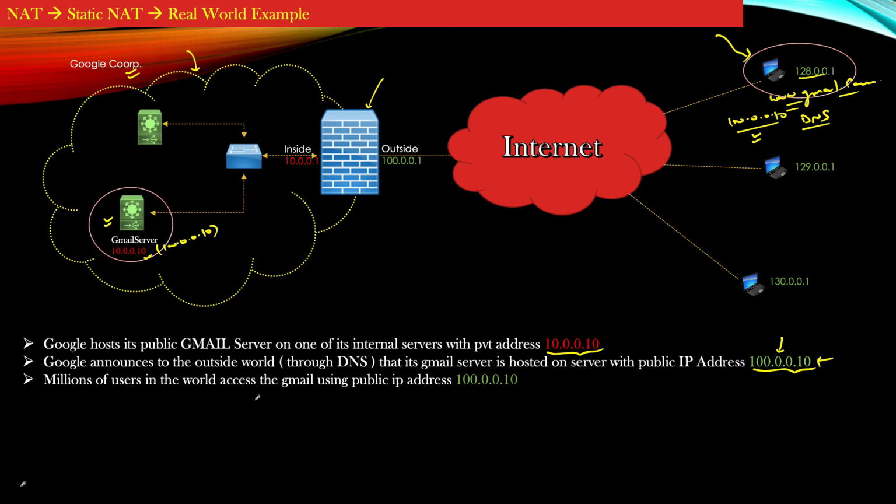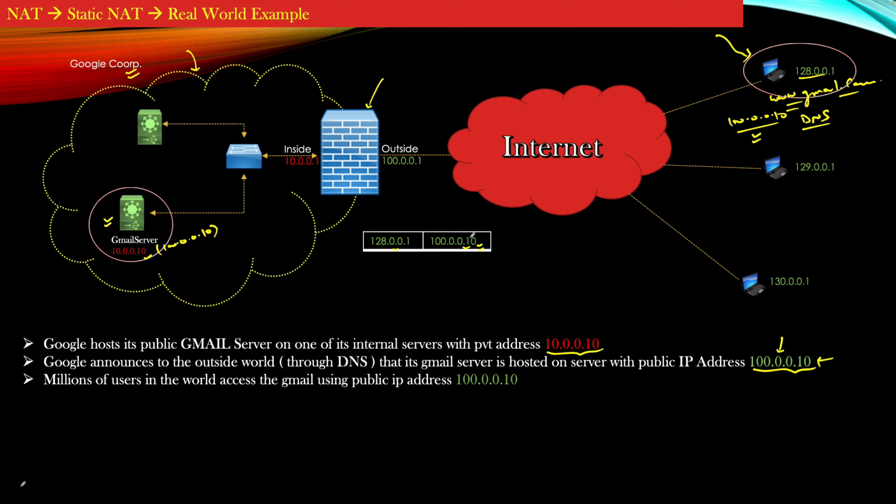When this user wants to access Gmail, the packet generated by this user would have a source address equal to its own address, which is 128.0.0.1, and obviously the destination address would be 100.0.0.10, because this user knows that in order to access the Gmail server, he has to access it at this address.